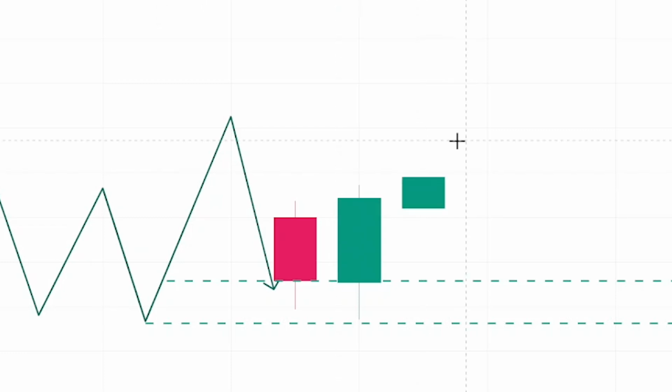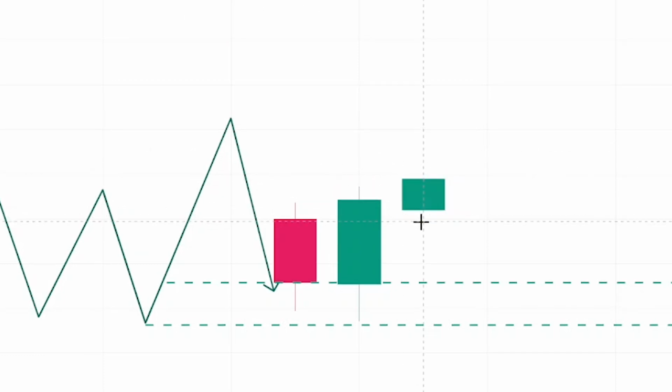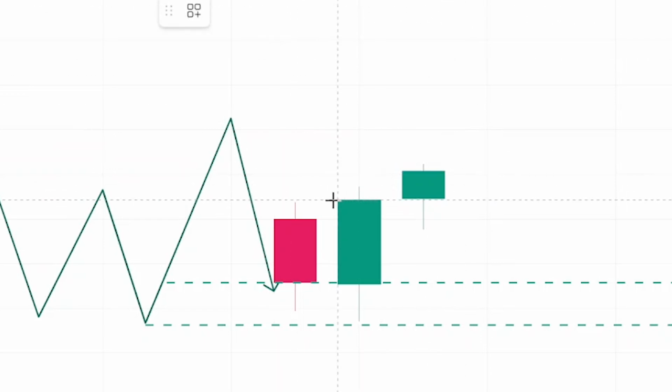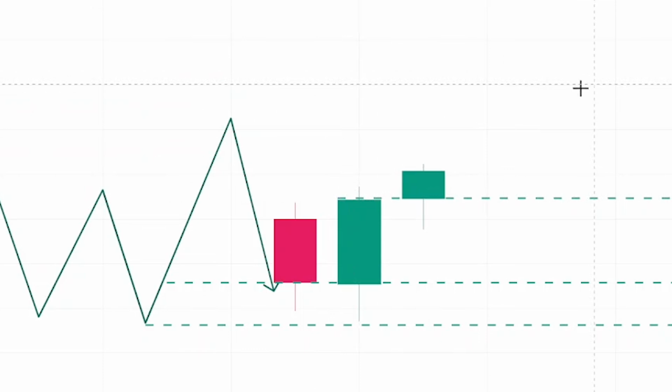When the next candle opens, be careful, you have to wait for this candle to make a low, which means that the candle opened from this area, from this side. Then we are expecting the market to continue to the upside.